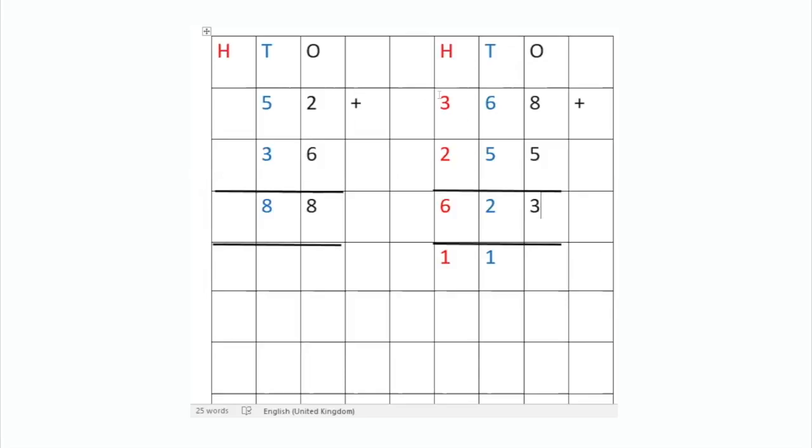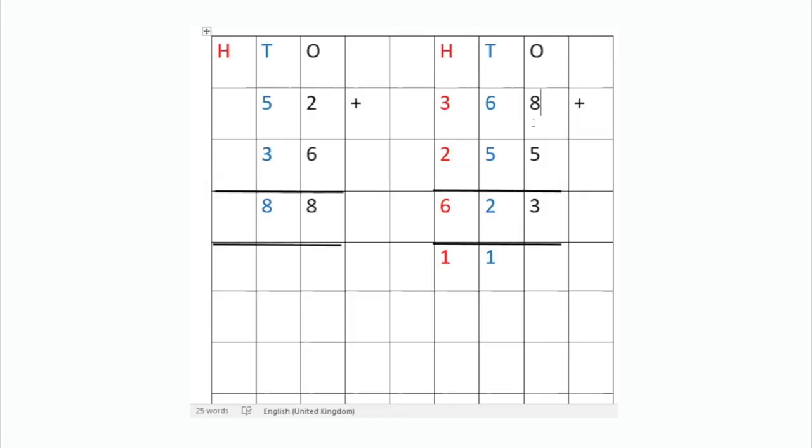But you can just add them together as you look at them. Okay? So we know that 368 add 255 gives us 623. Okay? As long as you've got your hundreds column, your tens column, and your ones column in the correct place, you will not go far wrong.